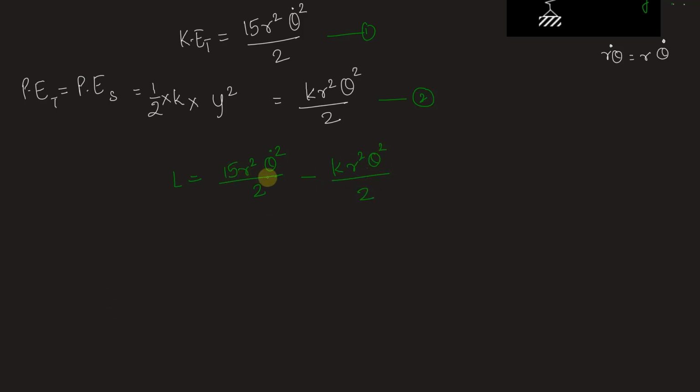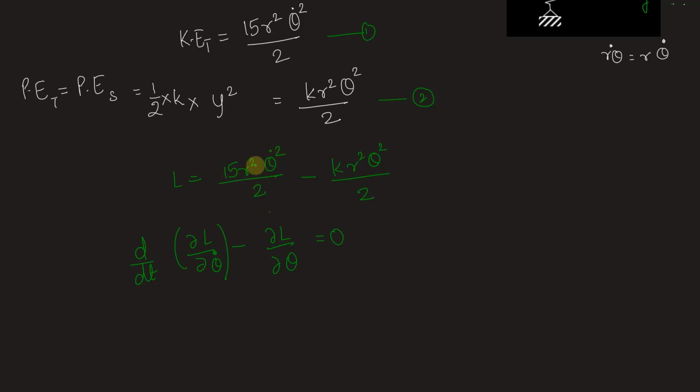Now if we have this as Lagrangian, equation of motion is given by d by dt of dou L by dou theta dot minus dou L by dou theta equal to 0. By putting the value of L, the first term will become 15 r square by 2, which is a constant, into 2 theta dot, and 2 gets cancelled.